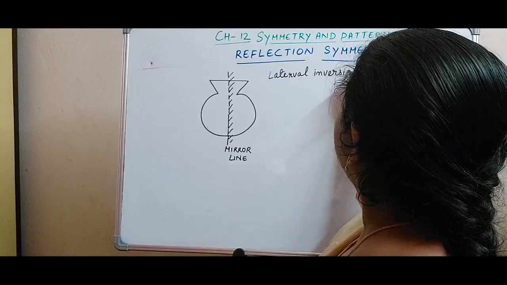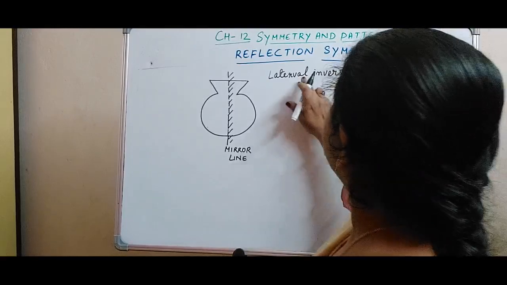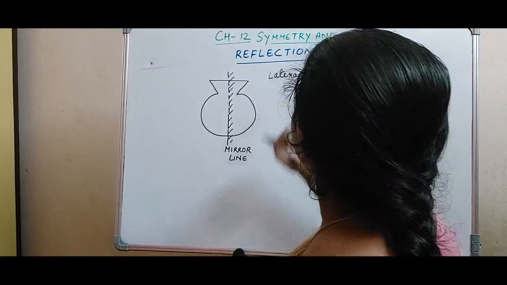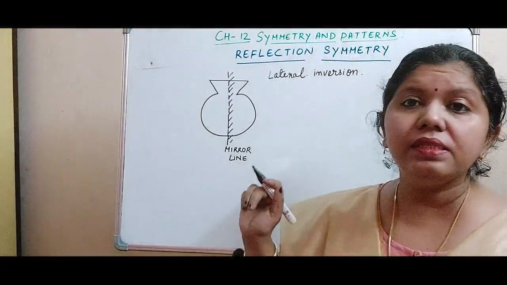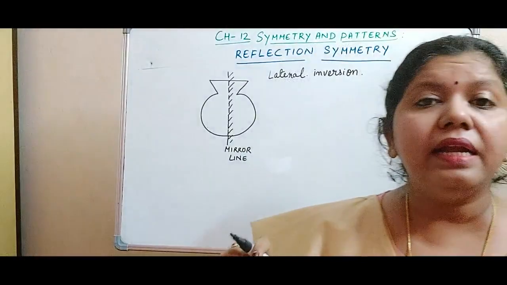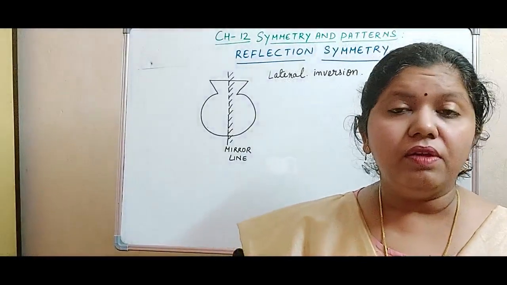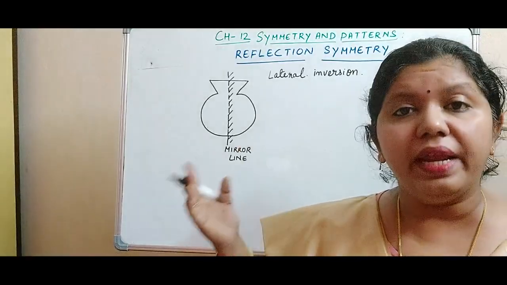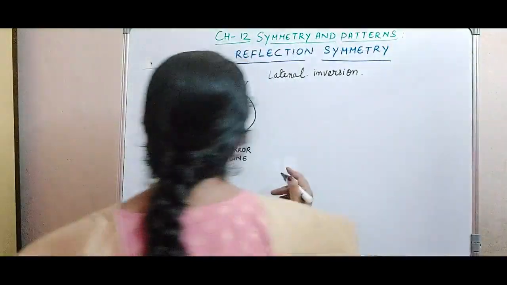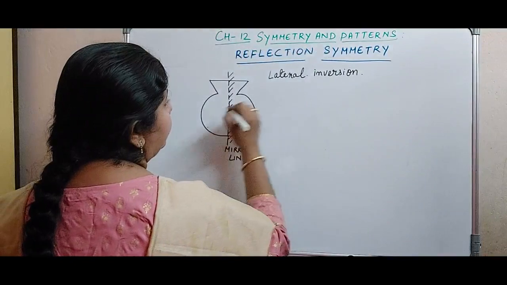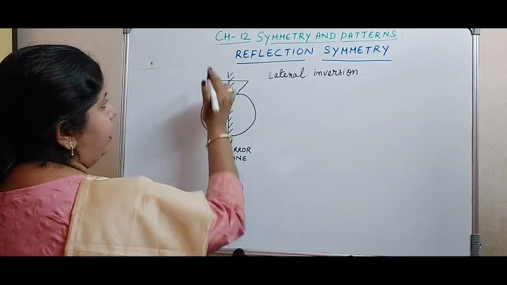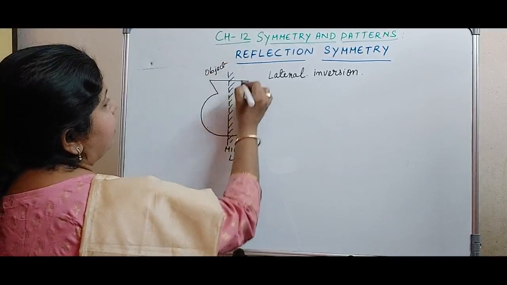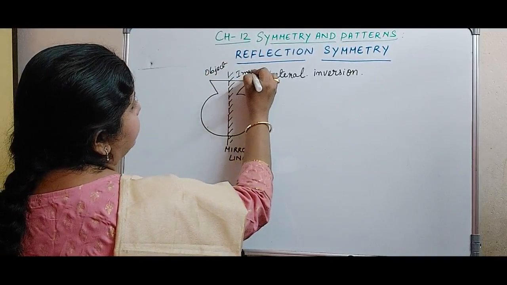We call it lateral inversion. Now what does this particular word lateral inversion mean? It means the left becomes right. On this side is the object. I have written here object, and this side is the image.